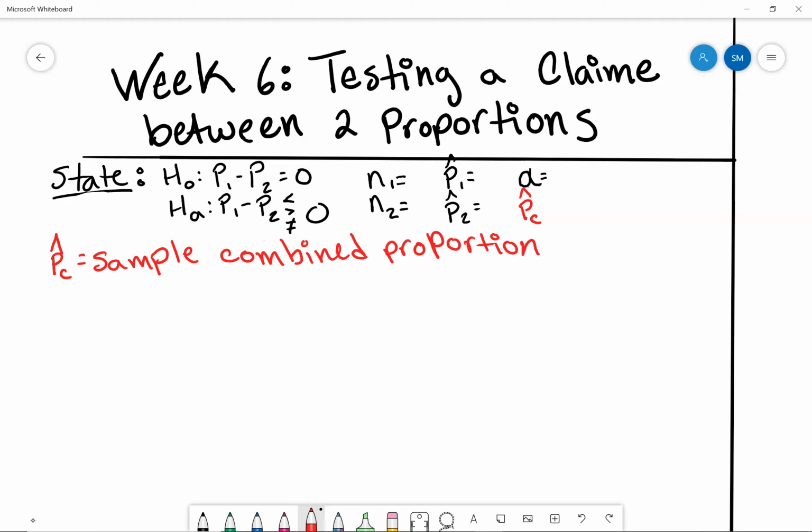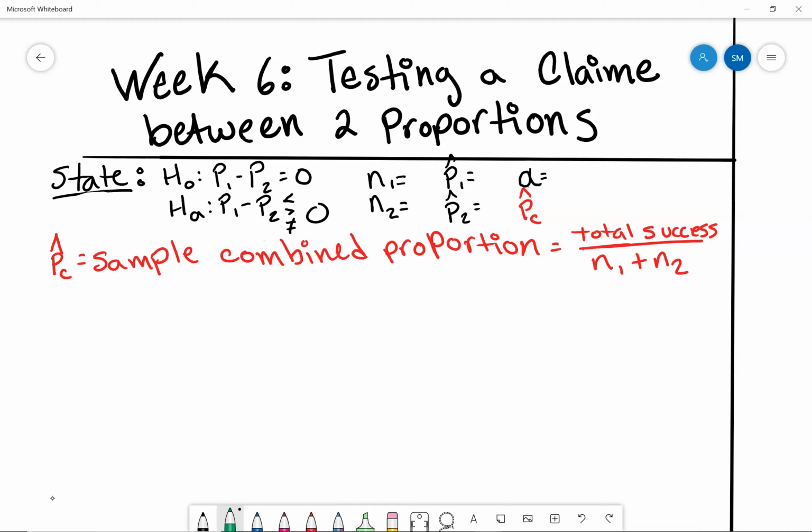So what that means is that this is going to also be equal to the total success over the total surveyed. So that is n sub 1 plus n sub 2. So this is your complete sample size, so the sample size of both studies over how many times it actually happened.